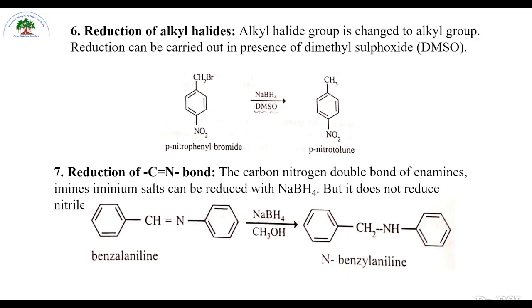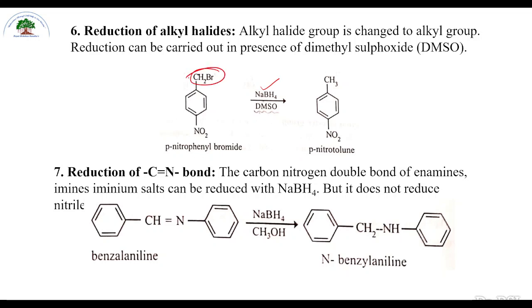Reduction of alkyl halide. The alkyl halide group is changed to an alkyl group. Reduction can be carried out in the presence of DMSO, that is dimethyl sulfoxide. So sodium borohydride reduces para-nitrobenzyl bromide.